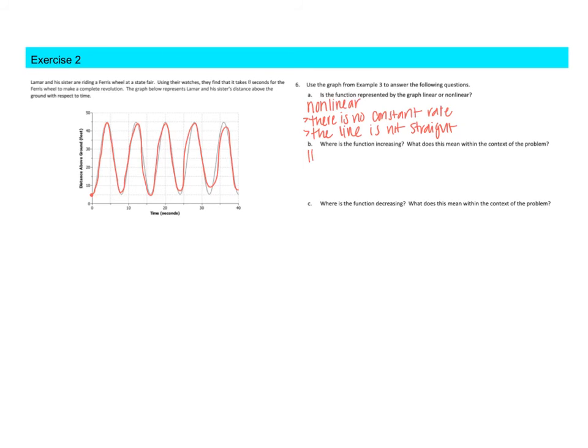It increases each time the Ferris wheel goes up, right? And that's happening in quite a few different places. It's happening here 2, 3, 4, 5 times. Okay? And then it says, where is it decreasing? Well, it's decreasing each time it goes down.